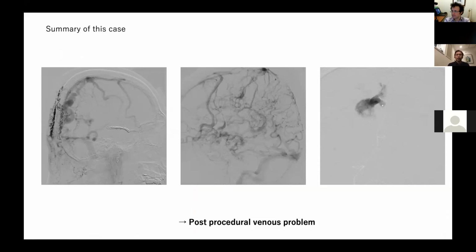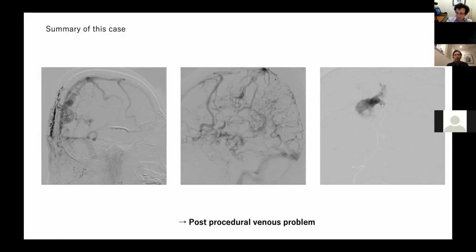It's more on the falx side of the dura. The venous congestion was all over the brain, in both left and right hemispheres. We embolized this one quite nicely, but there was some post-procedural venous problem later on.